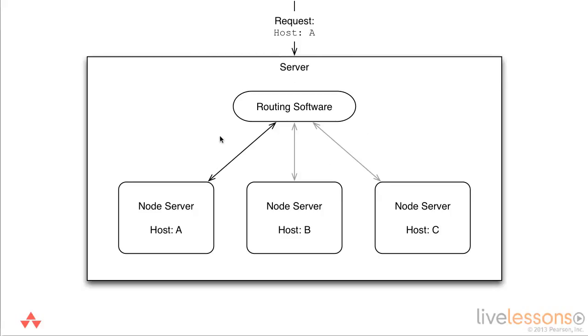Now, some web server or some routing software along the way is going to figure out that host A should go to this particular instance of the web server, and then indeed routes it to the correct place. So in these next 2 parts, I'm first going to show you how to do this using only Express, and then afterwards I'll show you how to do it running the node HTTP proxy we saw before.